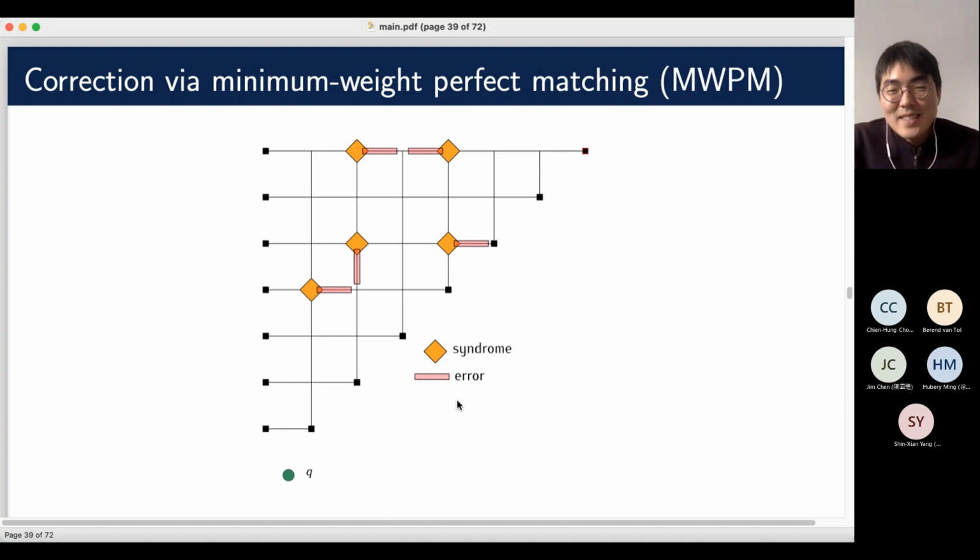So as I said, A and B are computed by some classical machine, and they are nothing but minimum weight perfect matching, which is pretty popular in quantum error correcting.